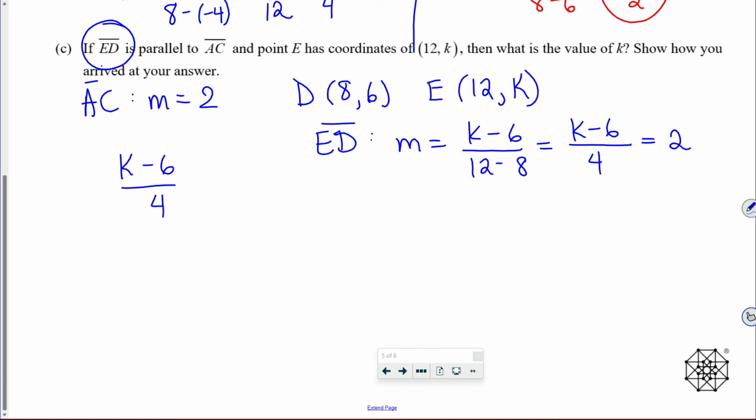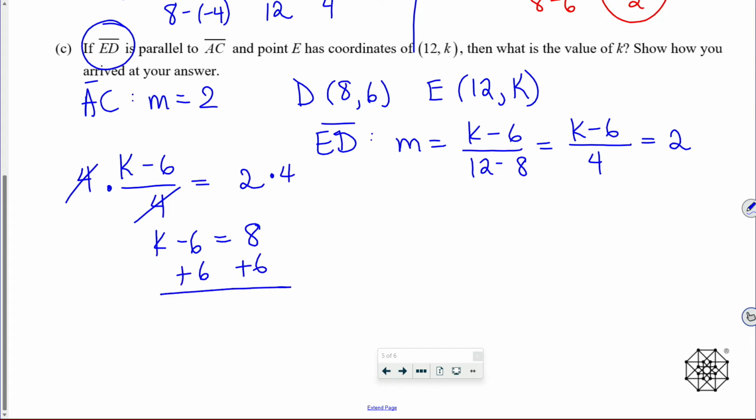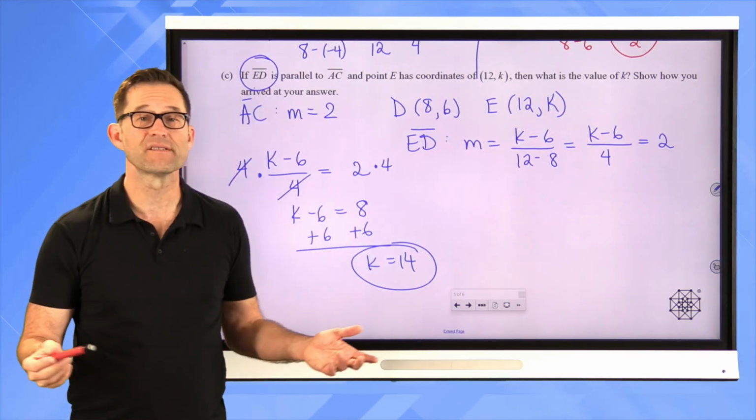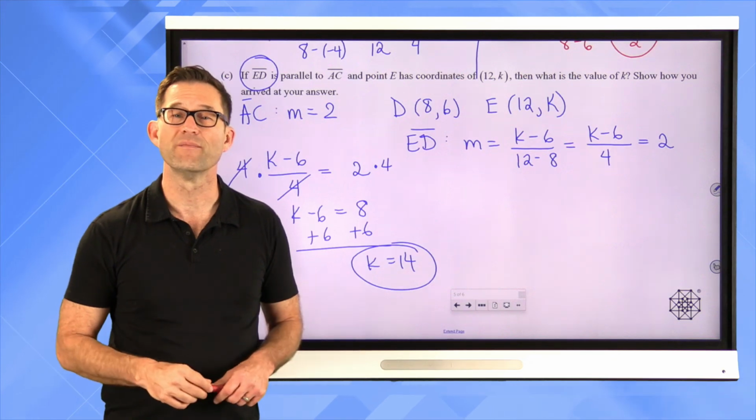This should be old hat from Algebra 1. I can get rid of that denominator of 4 by multiplying both sides by 4. That'll give me K minus 6 is equal to 8. And now I can add 6 to both sides, and K must be 14. And that's it. That's the whole deal.